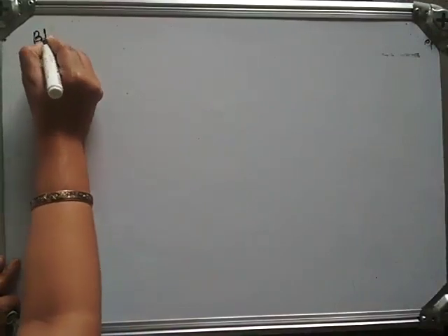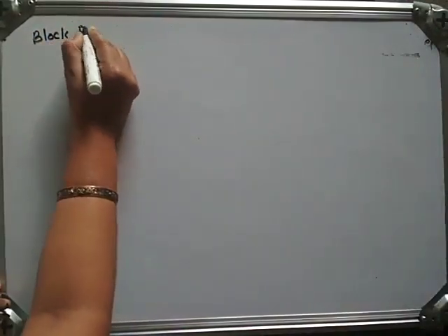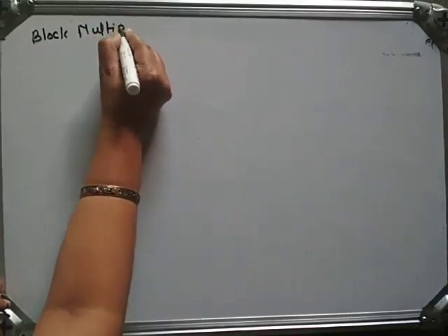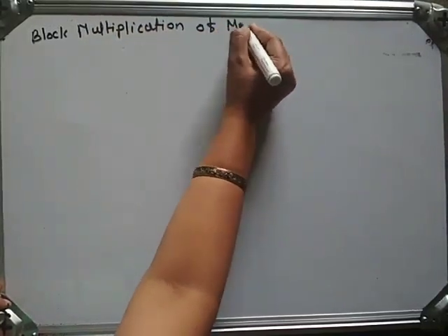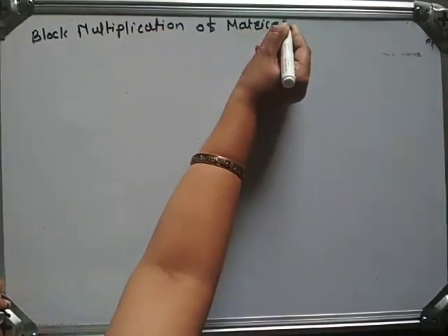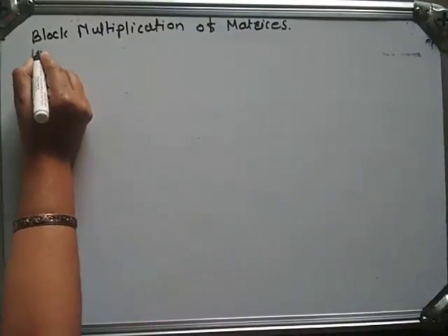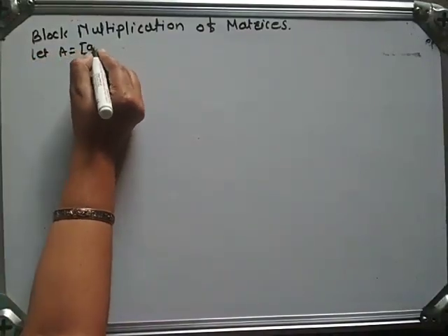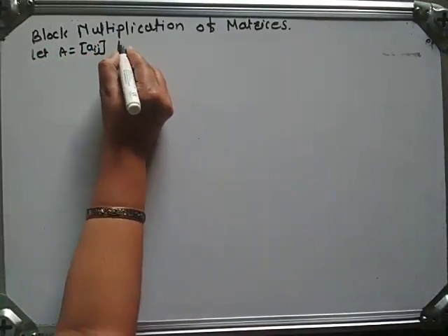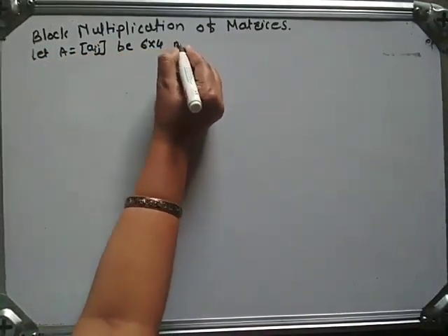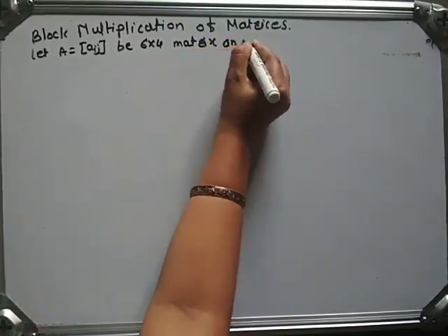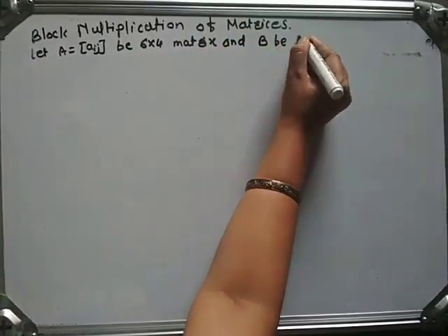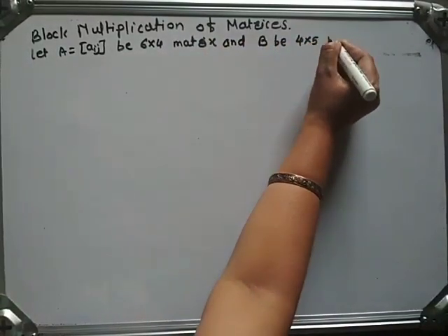Let us take the next definition. Block multiplication of matrices. Let A be a 6 by 4 matrix, and B a 4 by 5 matrix.